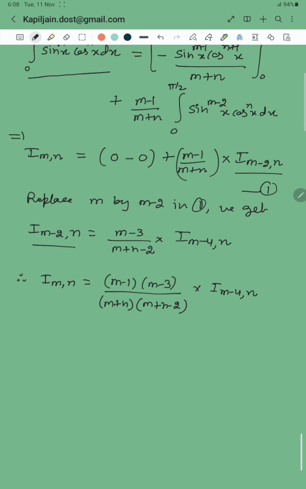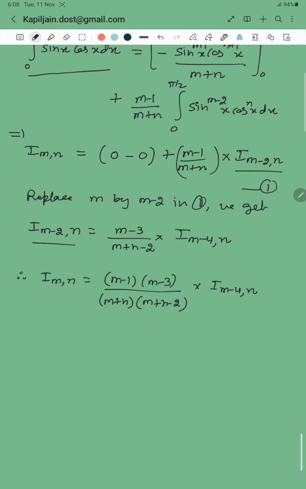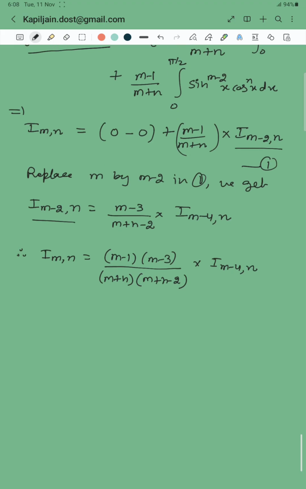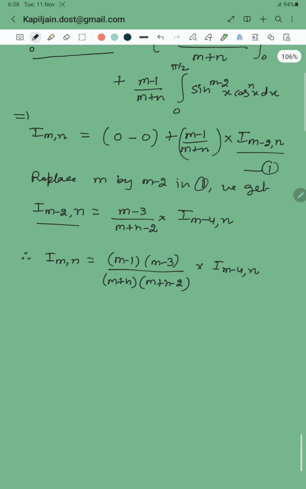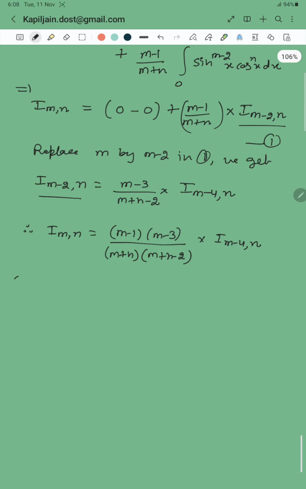And we can repeat this argument by again replacing m by m minus 4 in 1. So what will be the final answer? It depends upon the value of m, whether m is odd or even integer. So let's consider the case 1.